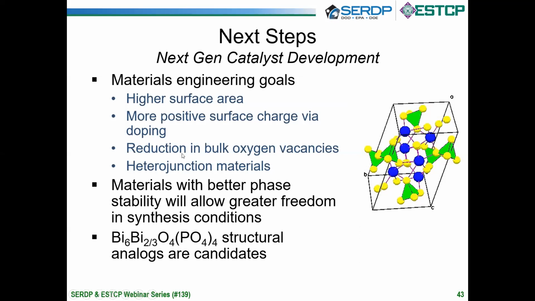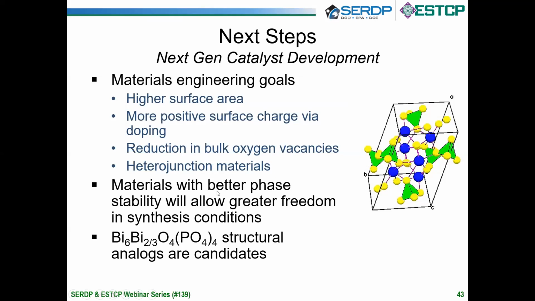We want to reduce the presence of bulk phase oxygen vacancies, which are a source of electron hole recombination, as well as a source of instability in the catalytic activity. And we also want to explore heterojunction materials wherein two semiconductors are used, which is another strategy for improving charge separation.